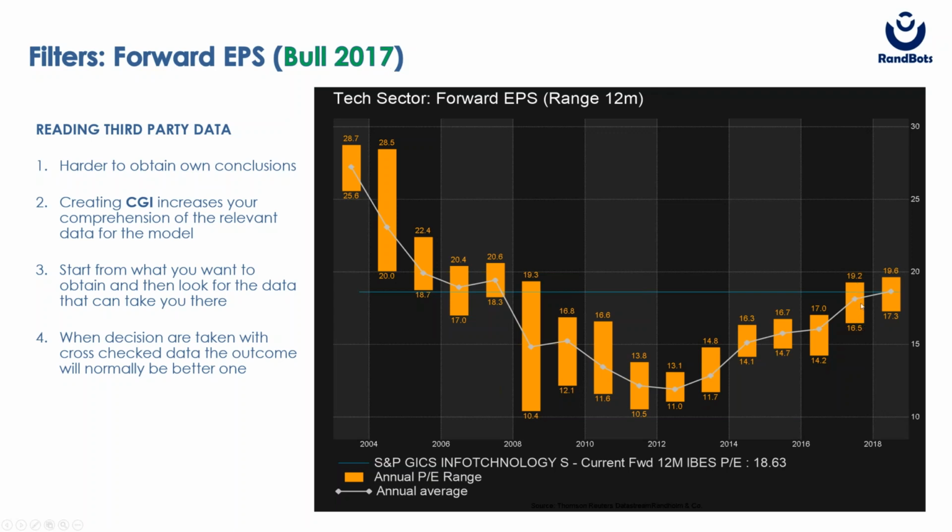This is what the market expects on earnings per share, right? Mathematically, what I look at is the lower value here. So I have 14.1, 14.7, 14.2, and the next year we have 16.5. So it is an expectation that earnings per share growth over the next 12 months would be positive.